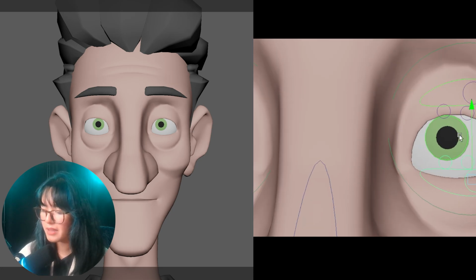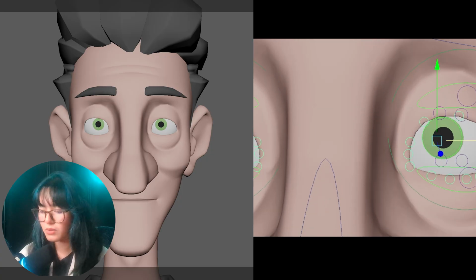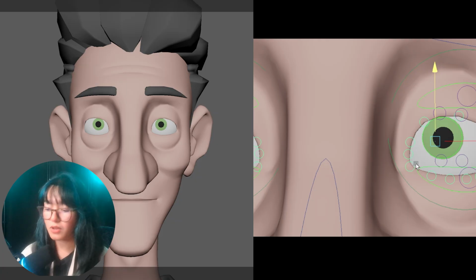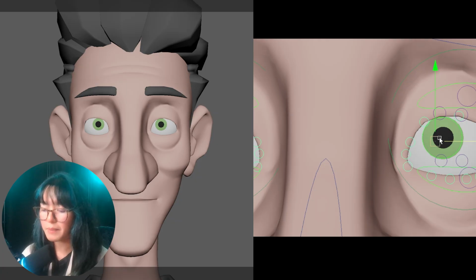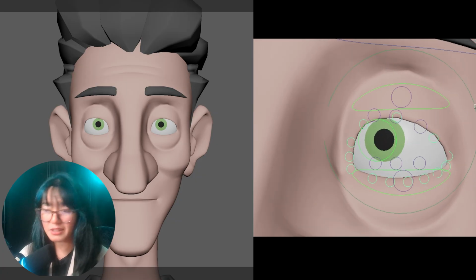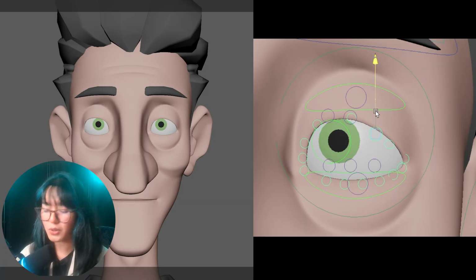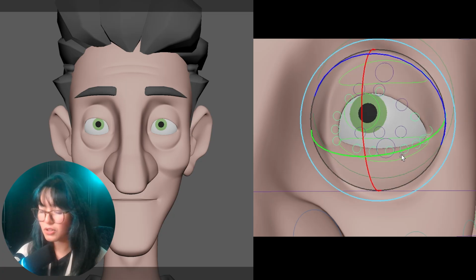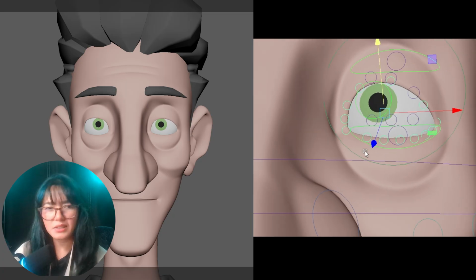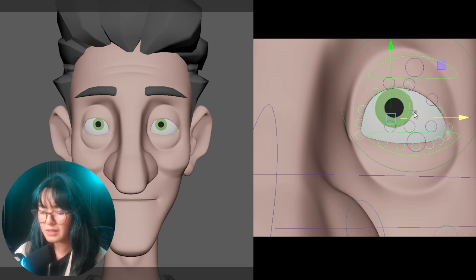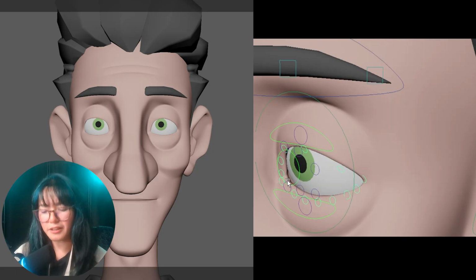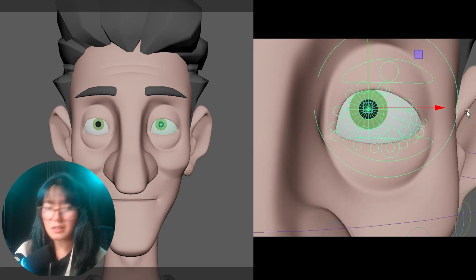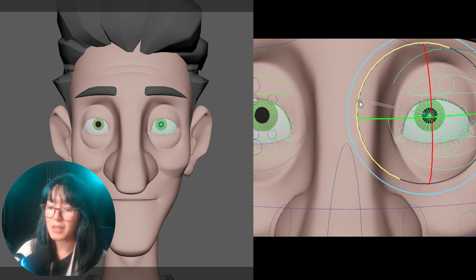Depending on where you're going to be using that animation or that rig, if you're not doing too much cartoony animation, you will have to pay attention to the amount of whites showing, and reshape and move them so that the eyes feel more relaxed. Otherwise, the character will look like they're shocked or surprised at all times. And again, it depends on the type of character and the style of animation that you're doing.